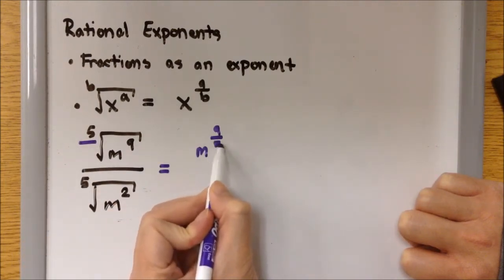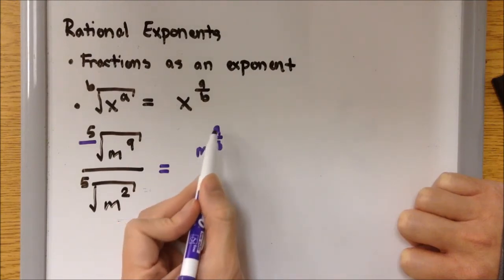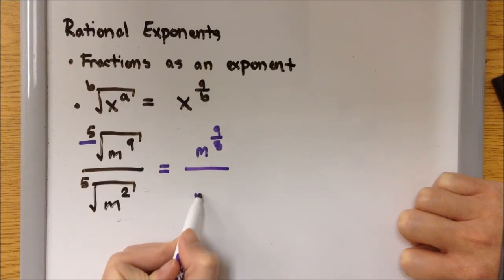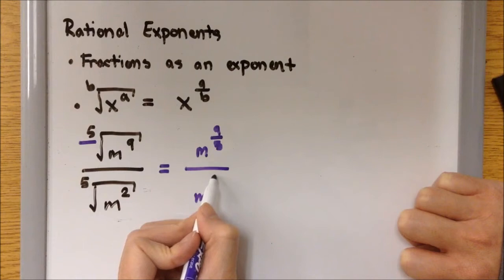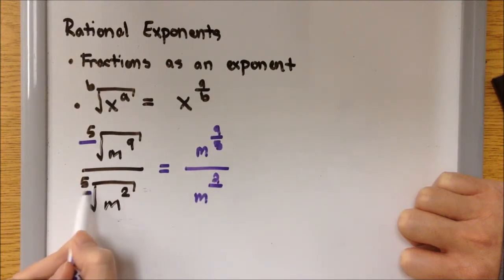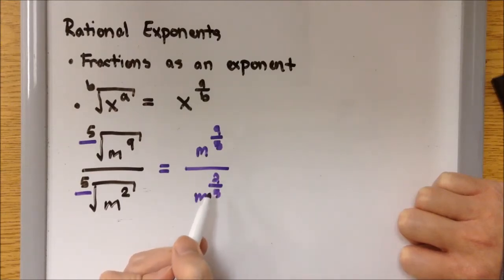So that's going to be our denominator. So m to the power of 9 over 5 over, same variable, m. What's inside will be the top, so 2 as the numerator, over what's outside will be your denominator, so 5. So m to the power of 2 over 5.